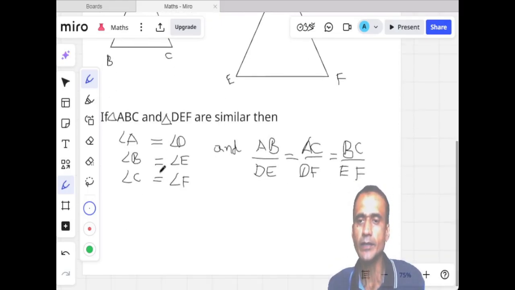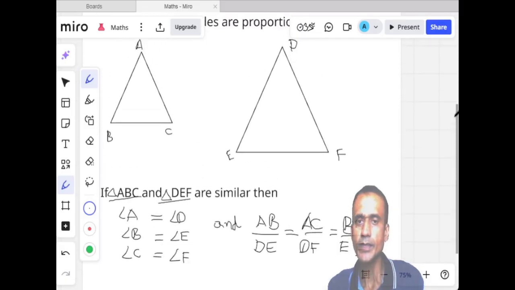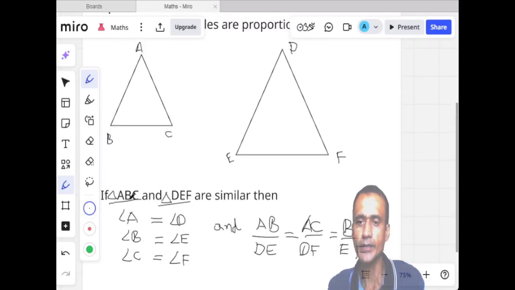And when we write that triangle ABC is similar to triangle DEF, we need to be careful in writing, because triangle DEF is the same as EFD, the same as FDE, but we cannot write ABC is similar to EFD.